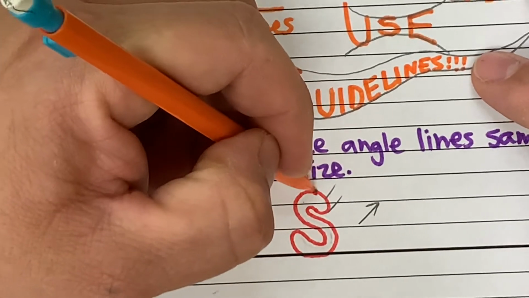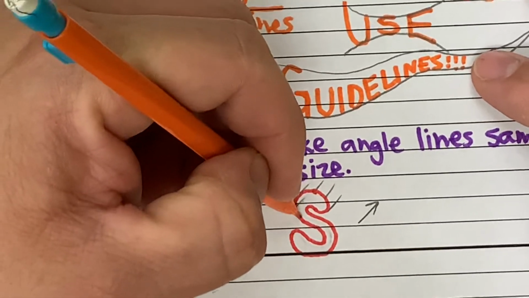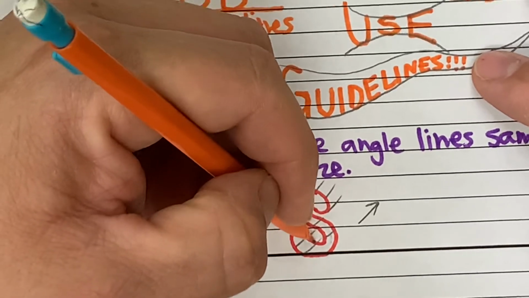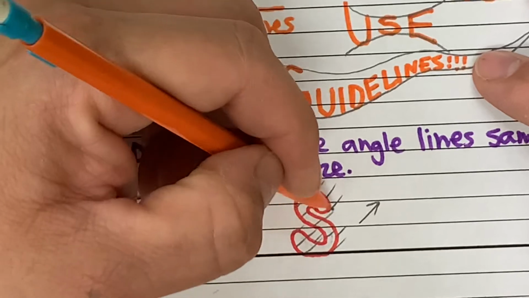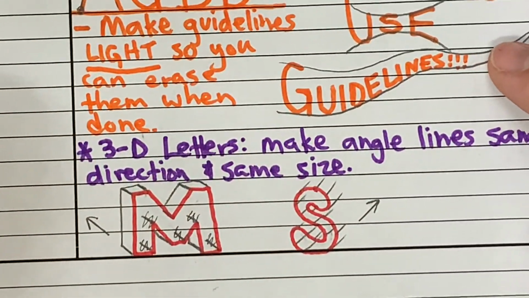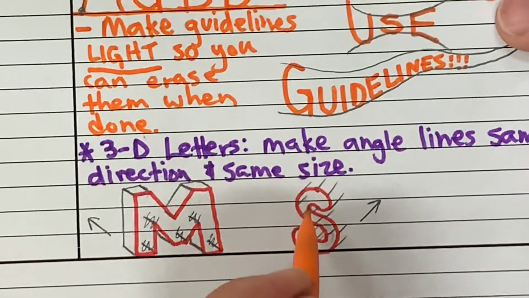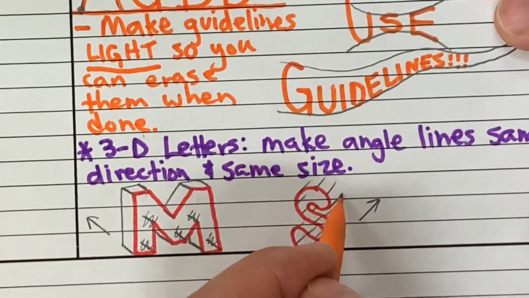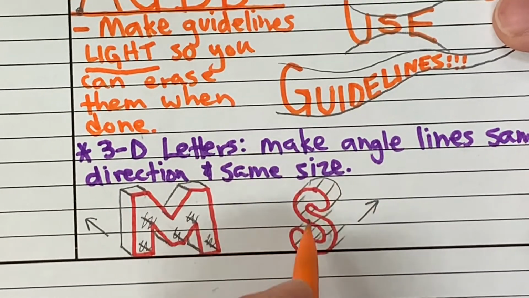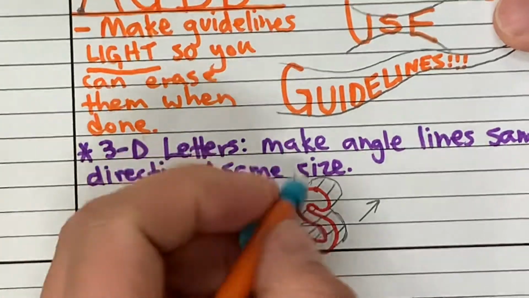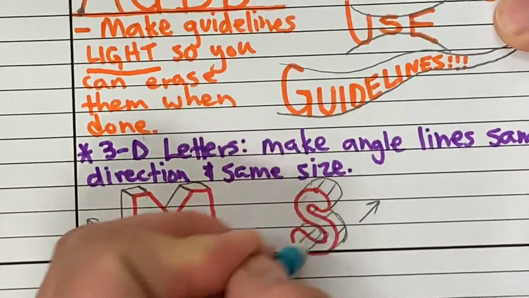So I would just start throwing angle lines all over this S. And I'm trying to make them the same direction, same size. And then once I have that, then I could, you see these ones that are on the outside? I could connect those. Boom. And that is how I would make my 3D effect on the S, okay?